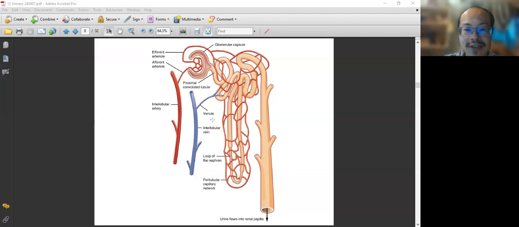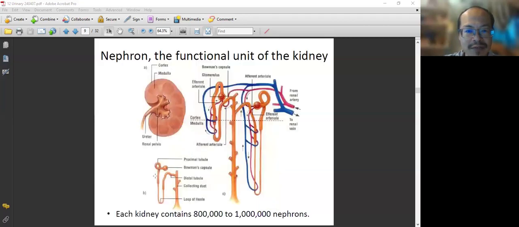And so that's the journey we are going through. Basically, it's right here. This is a picture here, Bowman's capsule, proximal, loop of Henle, and so this is several turns here, and we will go through it. Each turn has its feature. Yeah, so it's very unique.